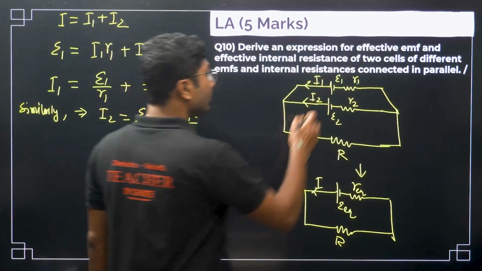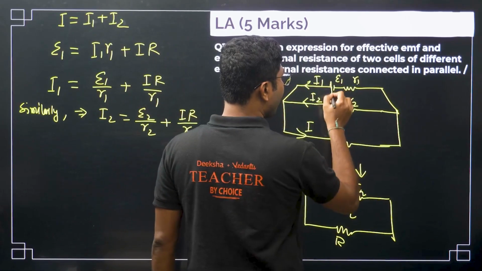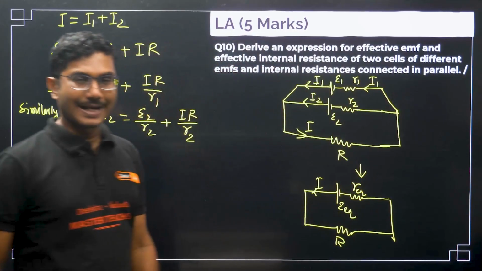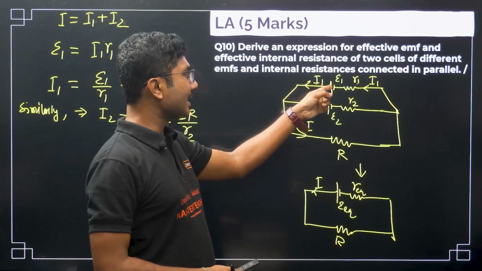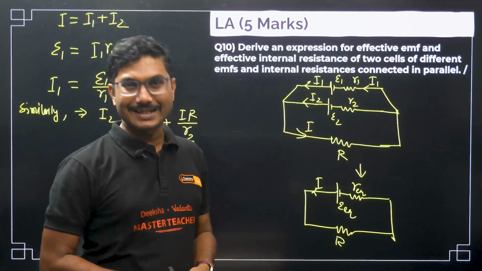Now the current through this is I1, so whatever current is passing from this circuit, the same current must come back to the circuit as well. That is the basic thing, conservation of charge. So if I1 current is passing through this, the same current will pass through this resistance as well.